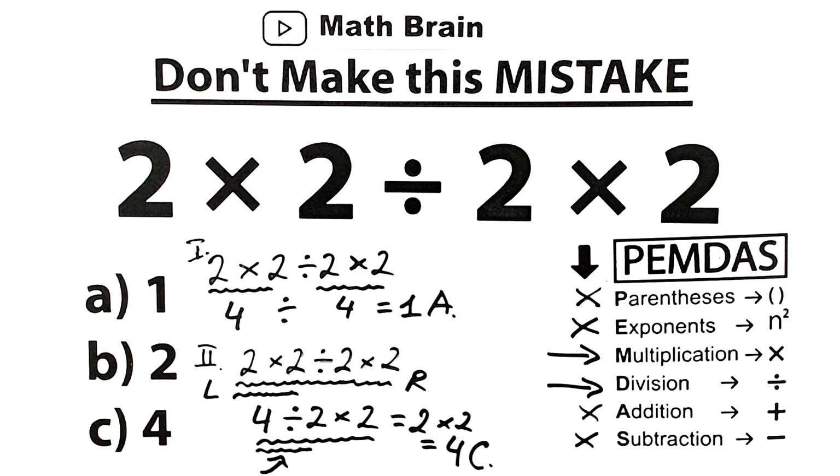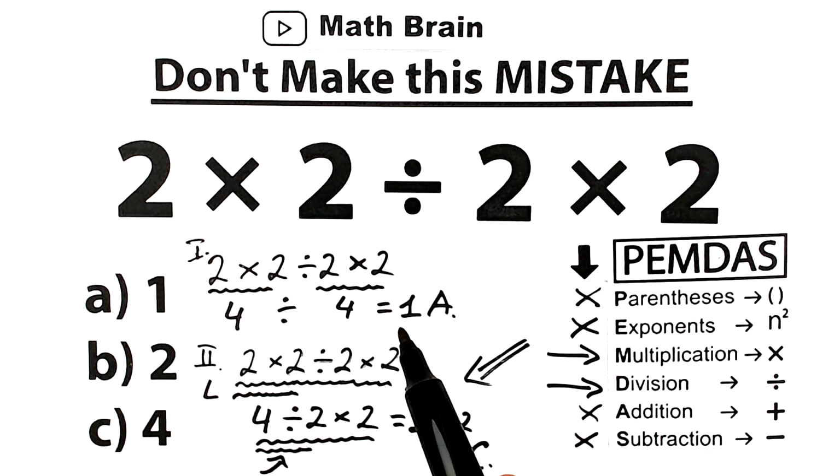It looks like two completely different solutions, but in math we should know the correct order. According to the order of operations, multiplication and division have the same priority, so from left to right, step by step, we simplify it. So the correct answer according to PEMDAS is option C.